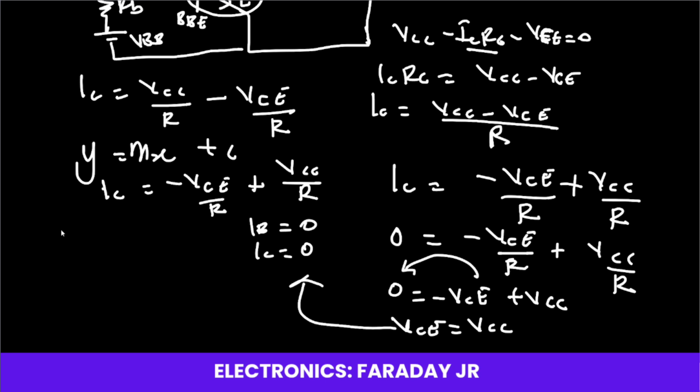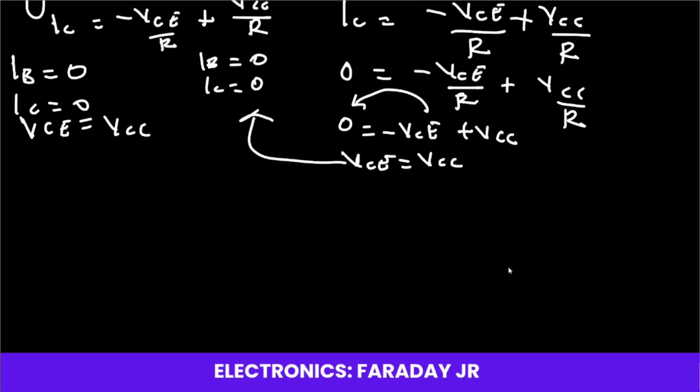So for cutoff to occur, the value of IB is equal to 0, IC is also equal to 0, and the value of VCE is equal to VCC. That is all for the condition of cutoff.